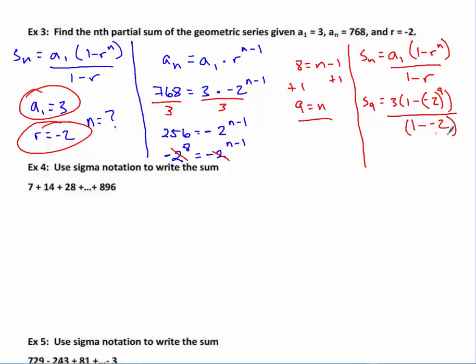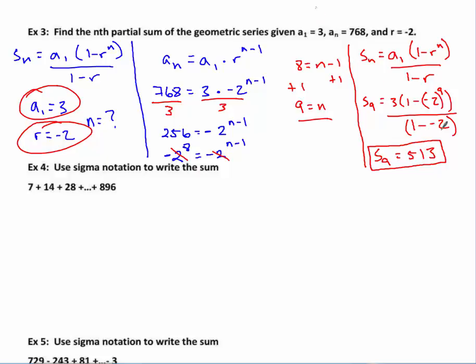Make sure that this is a minus sign here and a negative sign here when you're typing on your calculator, and you should get that S sub 9 equals 513. And so what that means is that the first 9 terms of this series that goes 3 times negative 2 times negative 2 times negative 2, the first 9 terms of that series ends at 768, and if you add all the terms together, it equals 513.